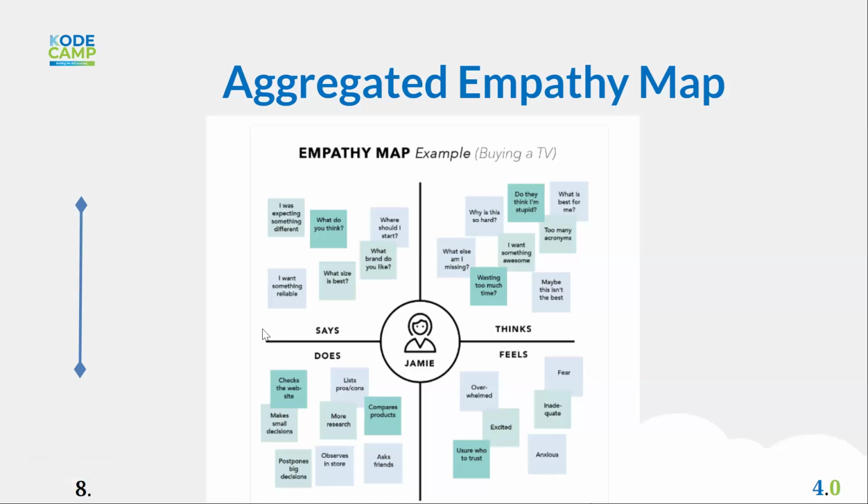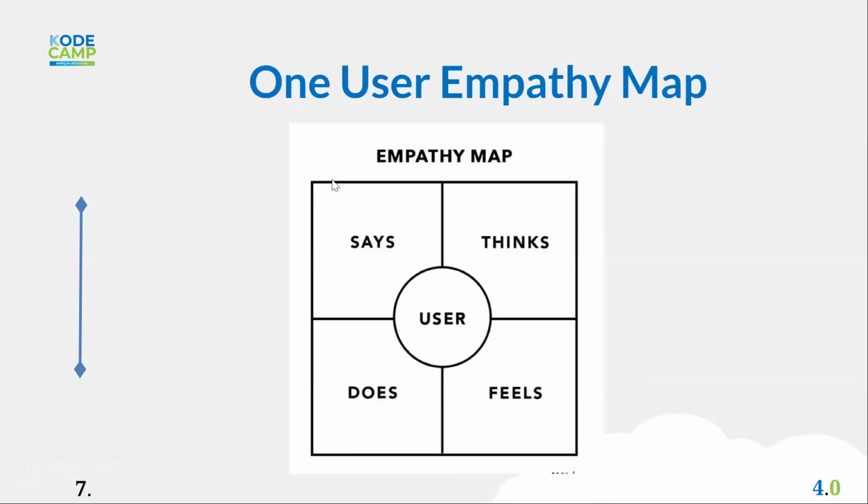If you want to use different colors of sticky note, just bear in mind that this one is representing 6 different users, and what they said, did, thought, and felt about buying a TV. Then here you just put what Obina said about buying a TV. You represent it by putting Obina in the center of this quadrant, dedicating it to just Obina: what Obina said, thought, did, and felt. Is that clear? It's all right, thank you.